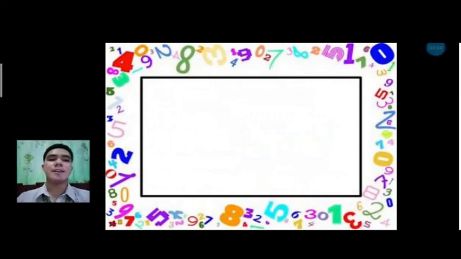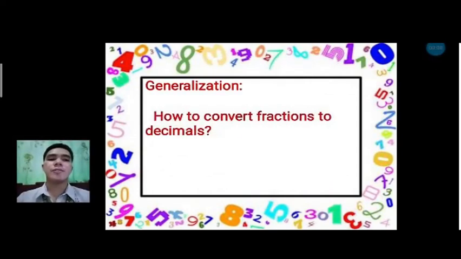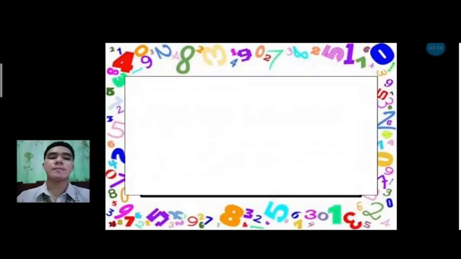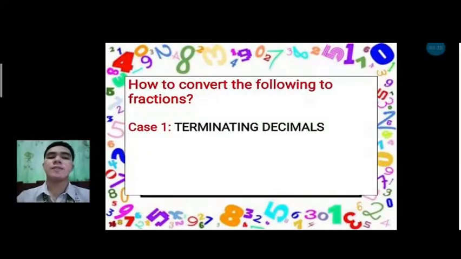To sum it up, we have these questions. How to convert fractions to decimals? To convert fractions to decimals, you have to divide the numerator by the denominator. How to convert the following to fractions?